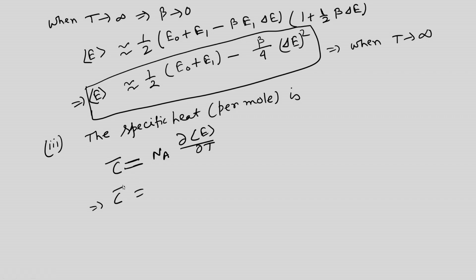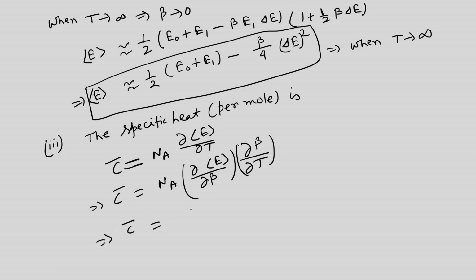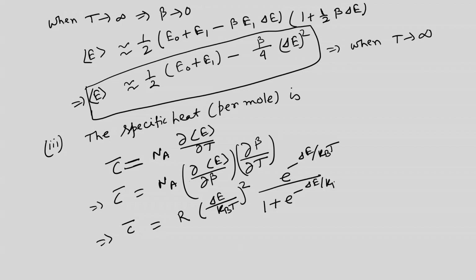So, C bar is Na del E average by del beta times del beta by del T. So, we get C bar is R times delta E by kBT to the 2 times e to the minus delta E by kBT by 1 plus e to the minus delta E by kBT to the 2.